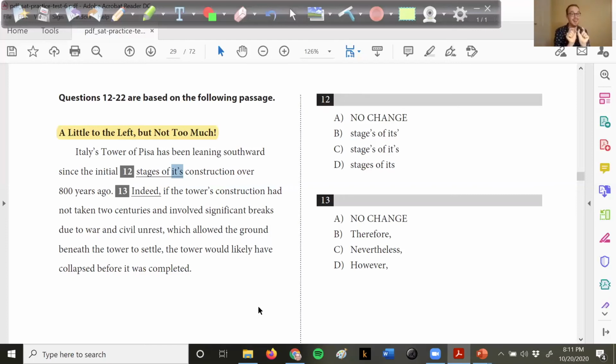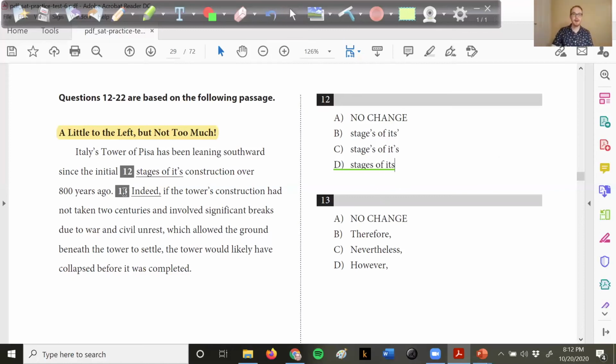If you can't say it is, then you need to be using just ITS as used in option D. So that narrows things down quite a bit for us, because there's only one of these that doesn't use an apostrophe at all. So initial stages of its construction over 800 years ago. It is construction. That doesn't make any sense. So D immediately is our only option. Boom, on to the next one.